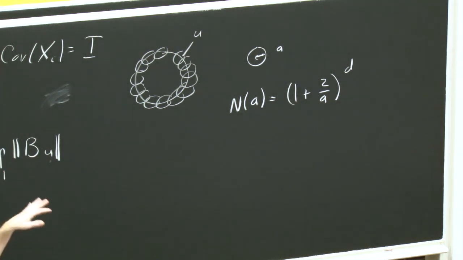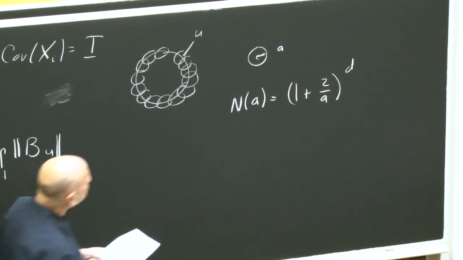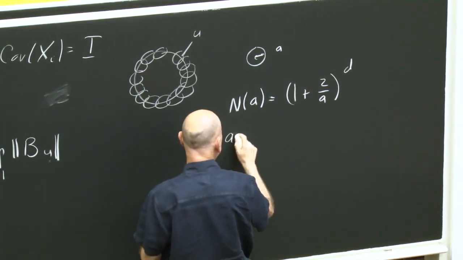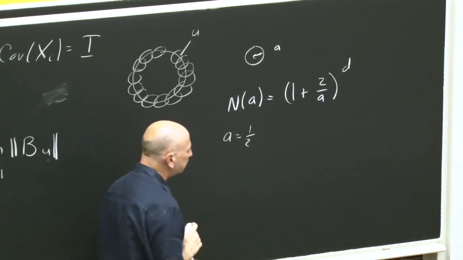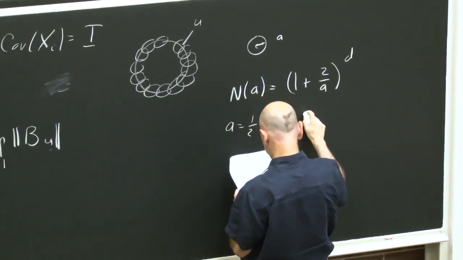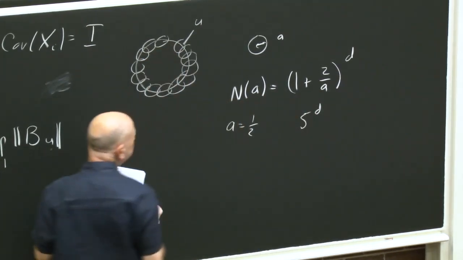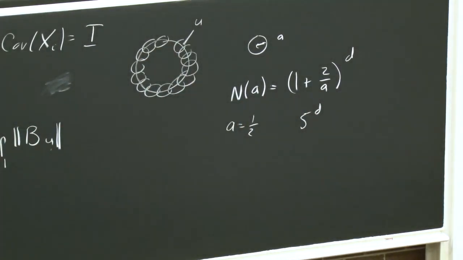Roughly speaking, it's like 1 over A to the d. To make things work out in the proof, I'm going to take A to be a half. It's going to be a convenient choice. For that case, we're going to get 5 to the d. So we're going to cover this with 5 to the d points.